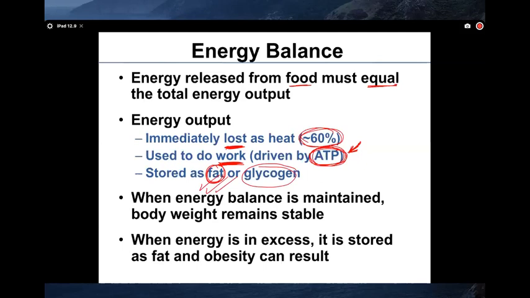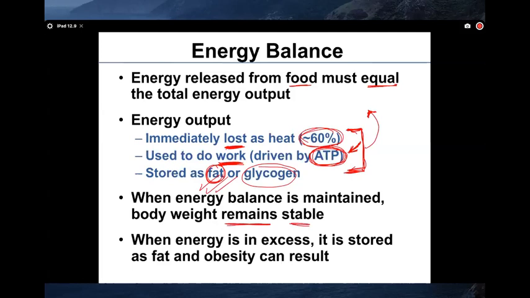So if the work and heat together are equal to my energy intake, so the intake is equal to the energy output, my body weight will remain stable. So I will have stable body weight.